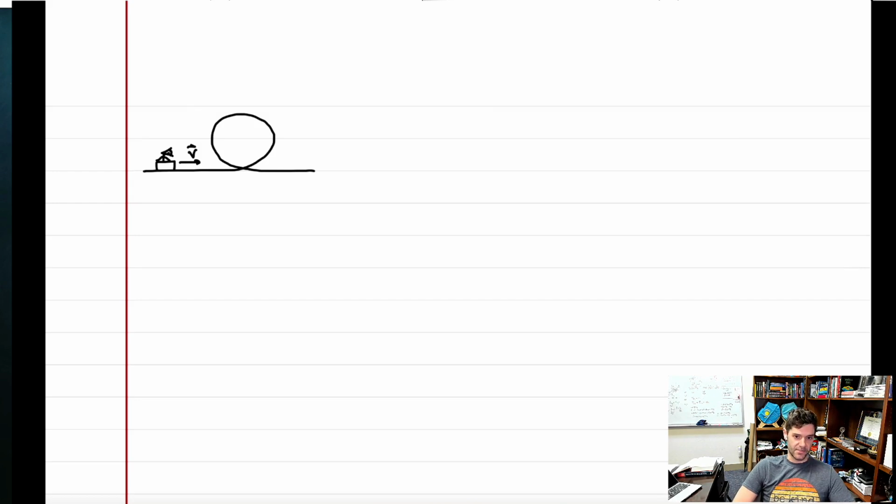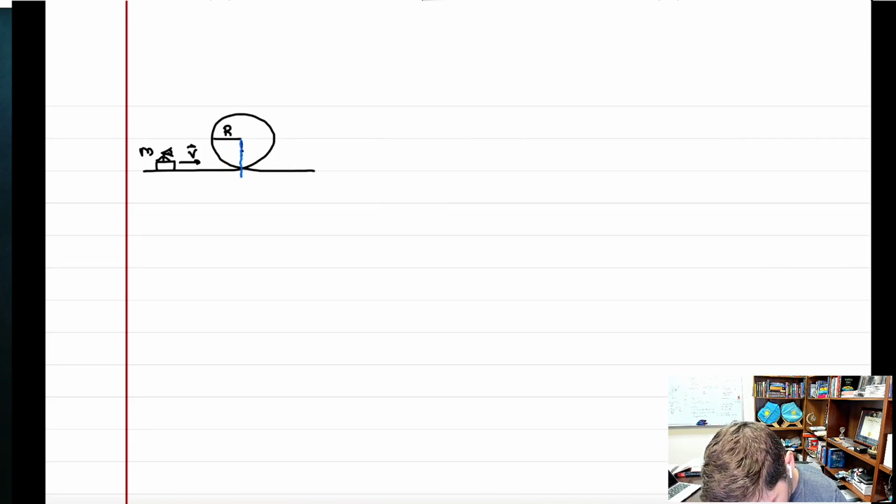So to me, that suggests, why not use polar coordinates to at least study the motion of the object, which has mass m, as you enter the loop, which will have radius capital R. So we can define a coordinate system of course r and theta.